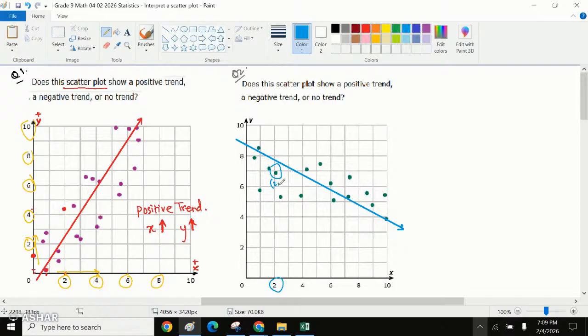I'll mark this point 2 and 7. When x becomes 6, what is the value of y? Y is approximately this. So what is happening is when x is increasing, y is decreasing, right? So we can say when x is increasing, then y was decreasing, right? That means we can say this has a negative trend.